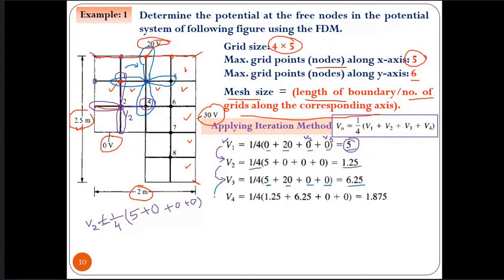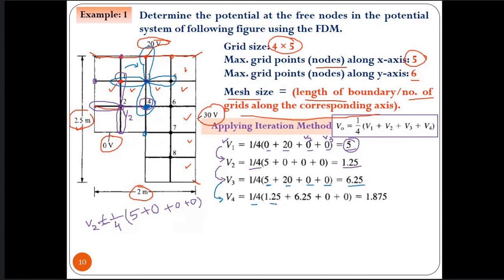Next, move to V4. V4 means this particular point. It will depend on nodes 6, 3, 2, and this particular fixed node. So this is equal to 1 by 4. V2 value is 1.25.